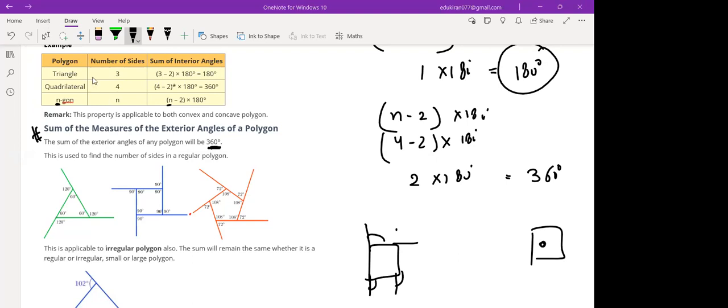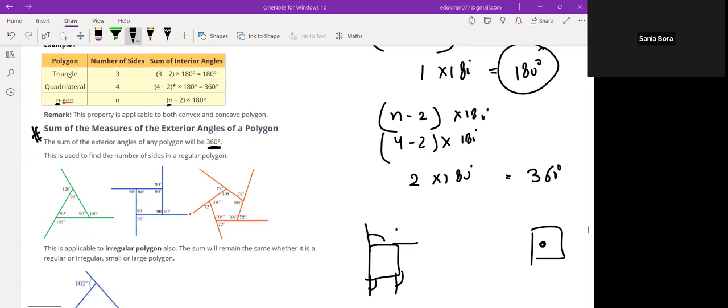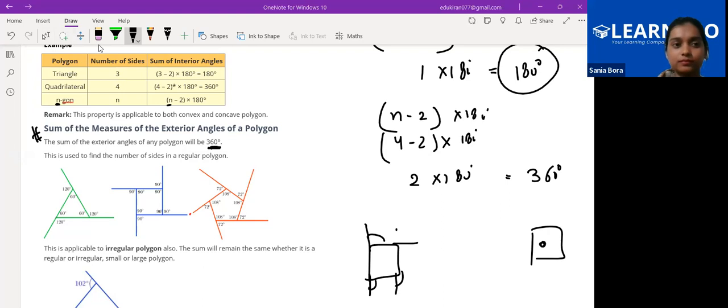Ma'am, the definition, right? The definition.